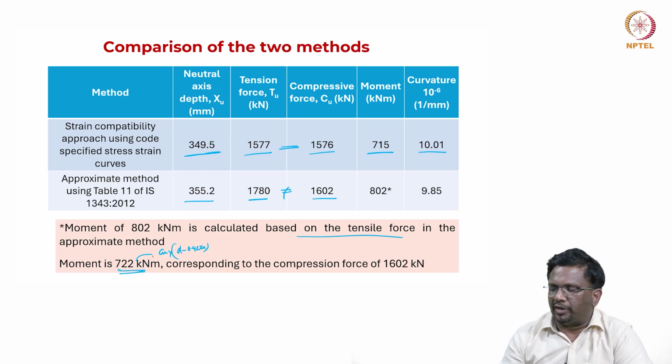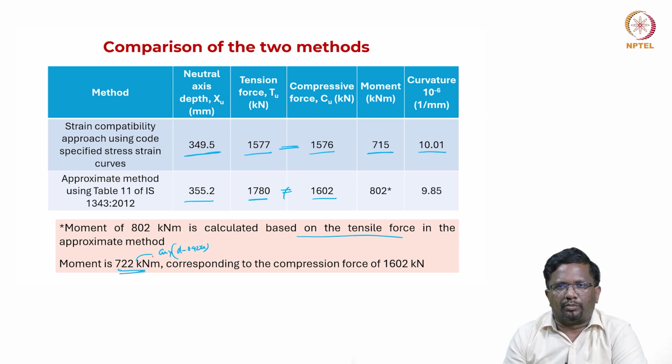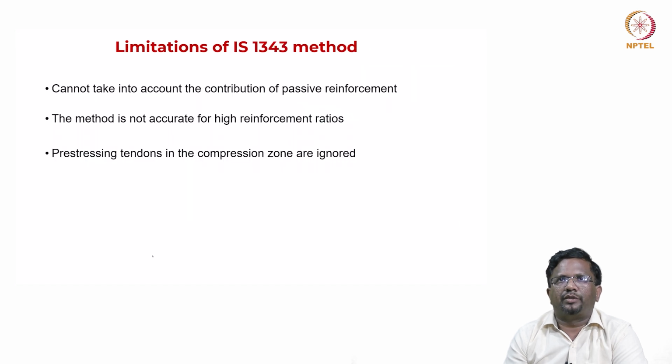But the thing is, the equilibrium condition is not really satisfied if I am using the approximate method, because it is a very crude way of calculating the moment resistance. I would suggest you go ahead and use strain compatibility, which is very easy to do if you can develop a simple spreadsheet or a MathCAD or MATLAB program. So, you can quickly do the strain compatible approach for any section, right.